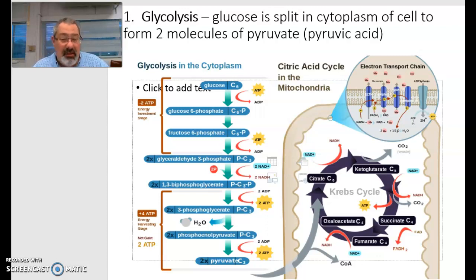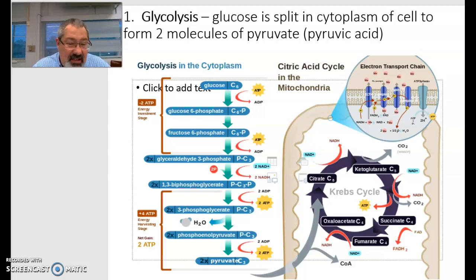So in the cytoplasm, in an environment where oxygen can be lacking, called anaerobic, glucose is split to form 2 molecules of pyruvate or pyruvic acid. The first steps of glycolysis do require 2 molecules of ATP that end up about midway with the splitting of the initial glucose molecule and 2 molecules of what is called glyceraldehyde 3-phosphate.